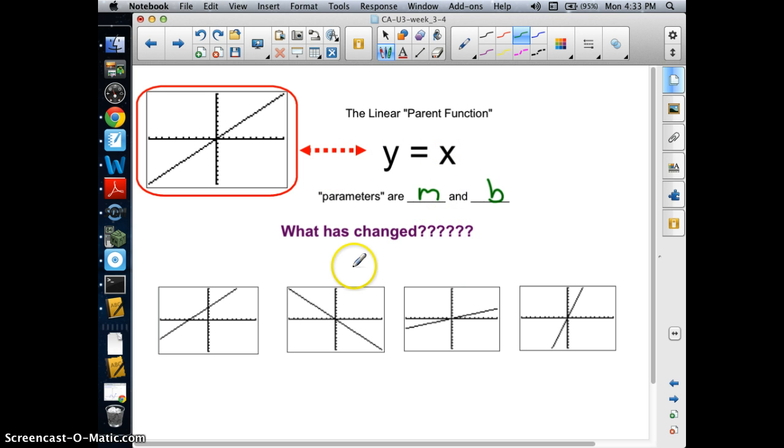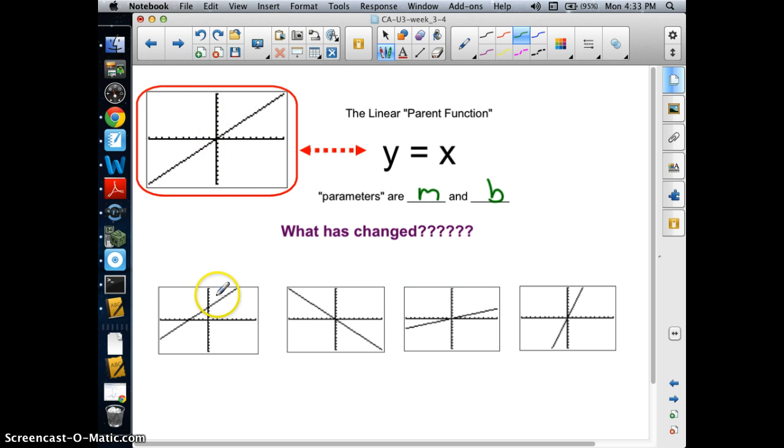In these cases below, let's look at what has changed in comparison to the parent function. In this first graph, I'm going to look at the parameters, slope and y-intercept. And the slope appears to be the same, exactly the same slant of the line.